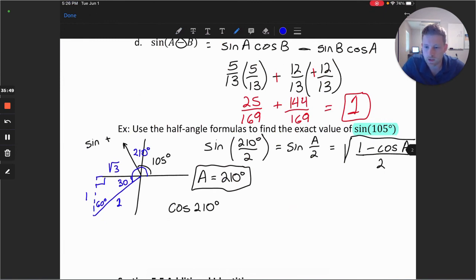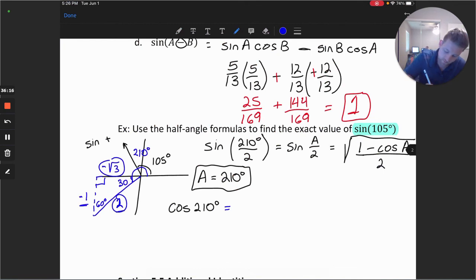We know that the cosine of this angle is going to be negative 1 over 2, which is our hypotenuse. Negative 1 over 2 is the sine, and the cosine, excuse me, is going to be our adjacent, negative √3 over 2.